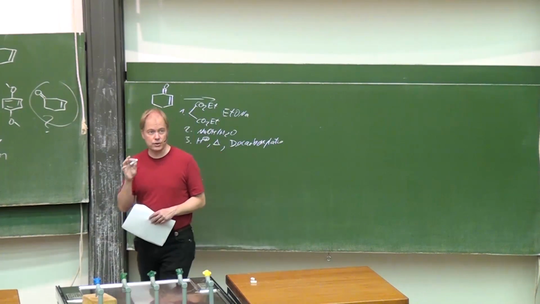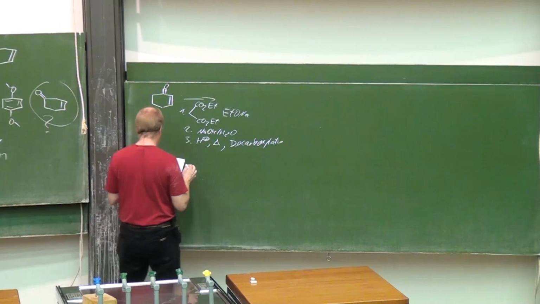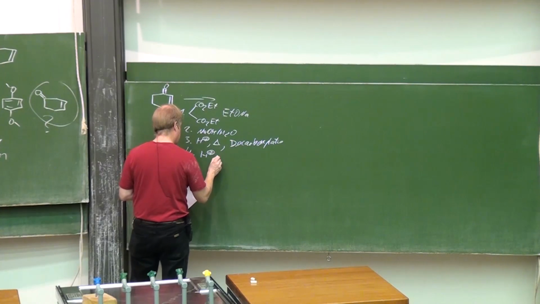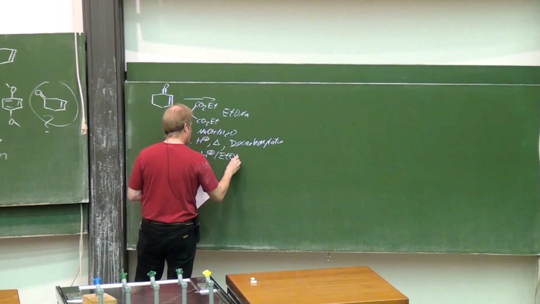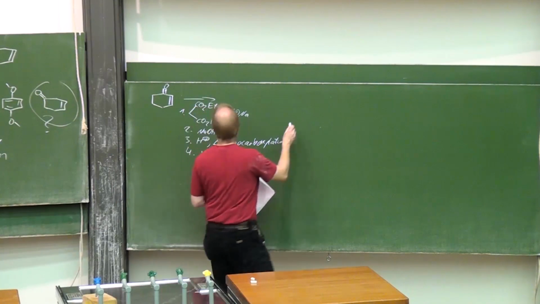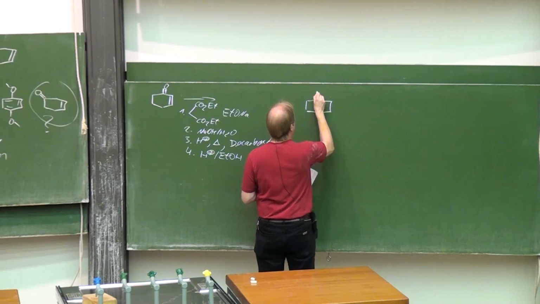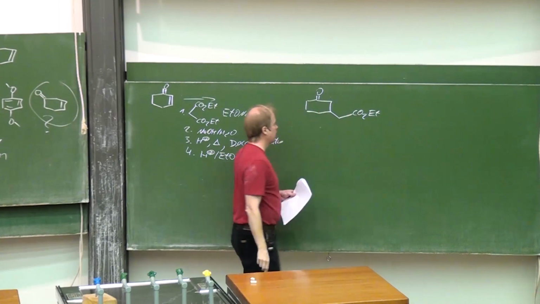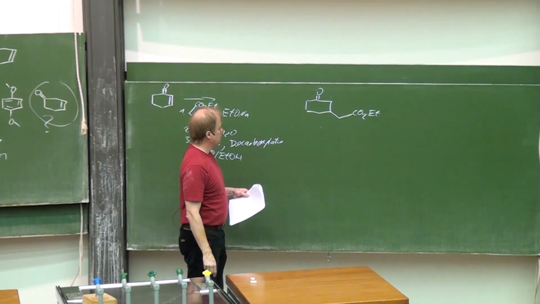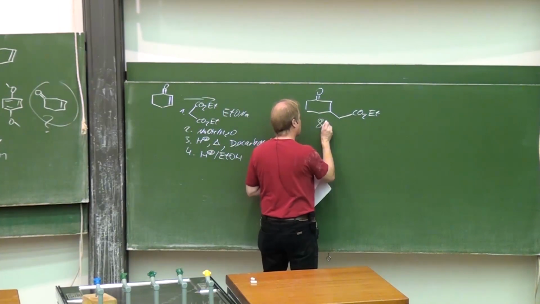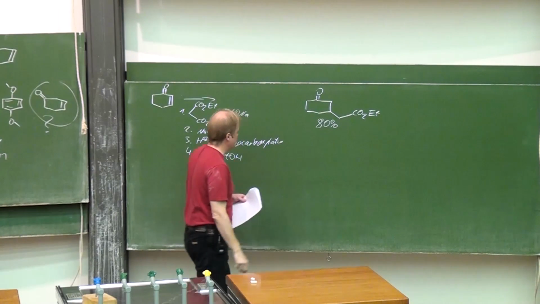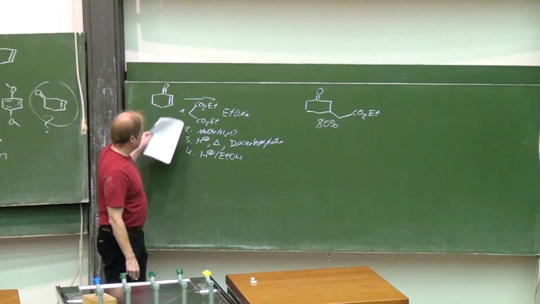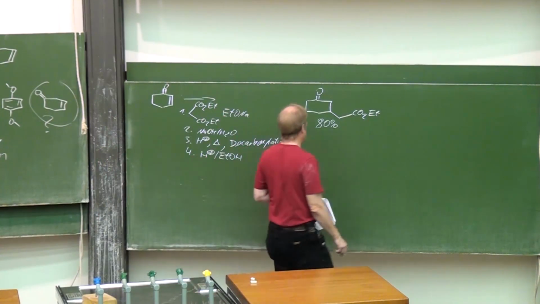One acid functionality will decarboxylate, and later on, also under acidic conditions in ethanol, the corresponding ester was synthesized. And this product was isolated in 80% yield. This is really a good yield for this multi-step transformation.